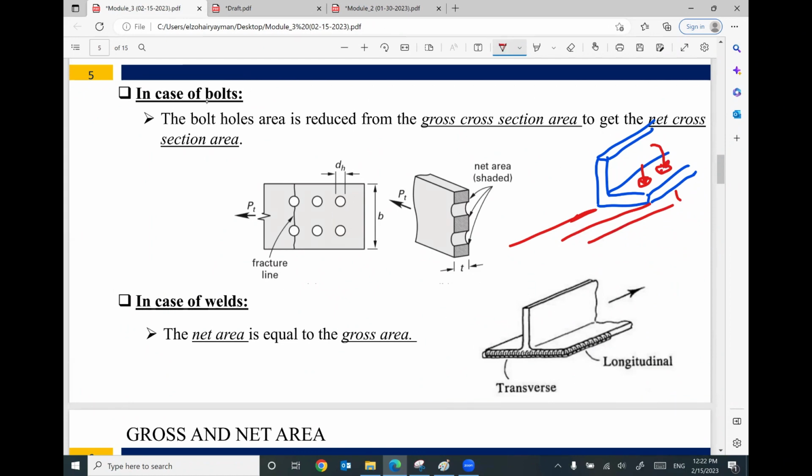These holes will reduce the cross-section area of this angle. For example, if you make a section here, we have a hole, we have another hole, so we don't have material here. This is the only part of material, this is the only part of material. So in this case, area gross does not equal area net.